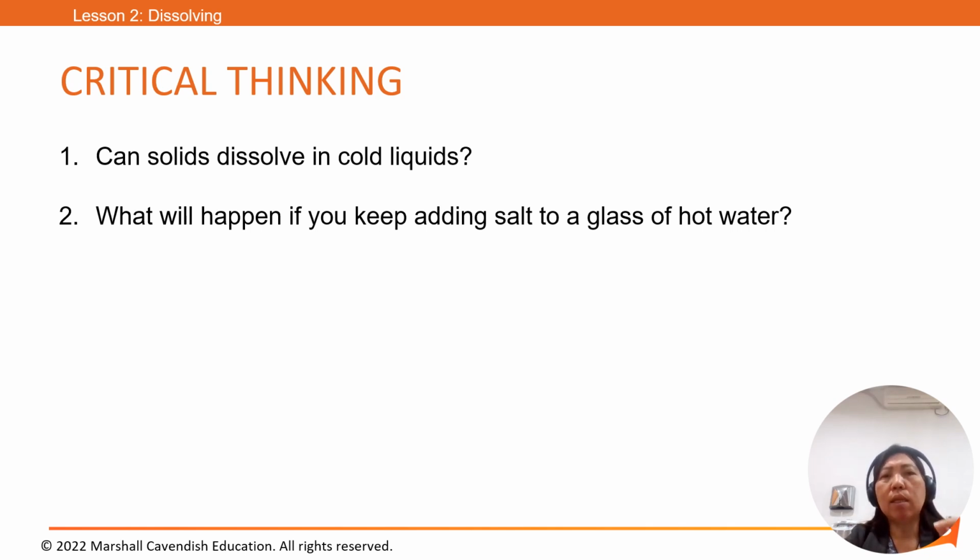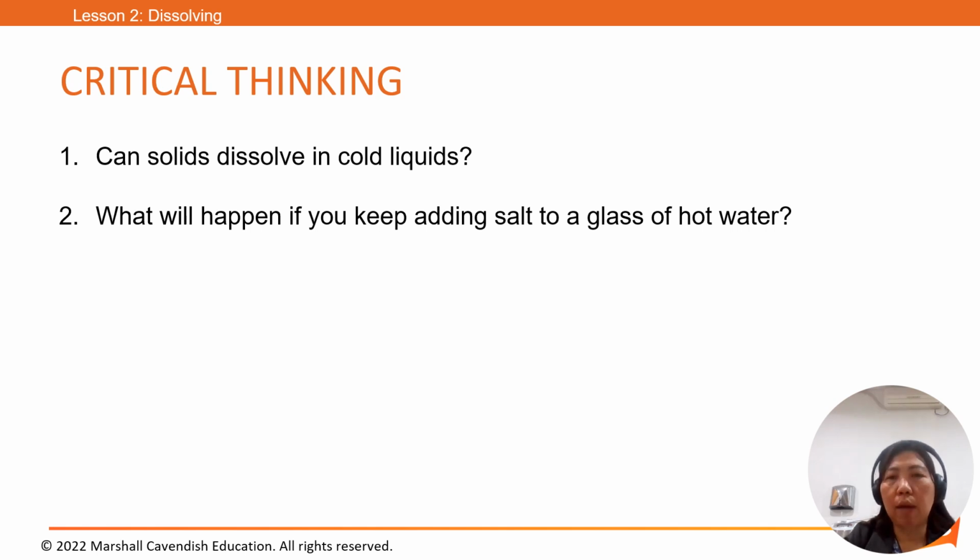However, because the temperature of the liquid affects how much a solid can dissolve, the cold water will slow down the dissolving process of the solid into the liquid, and then less solute will dissolve in the solvent.